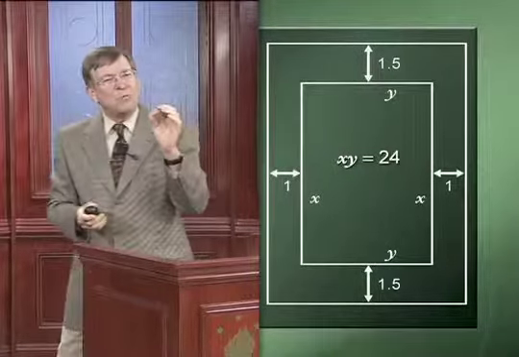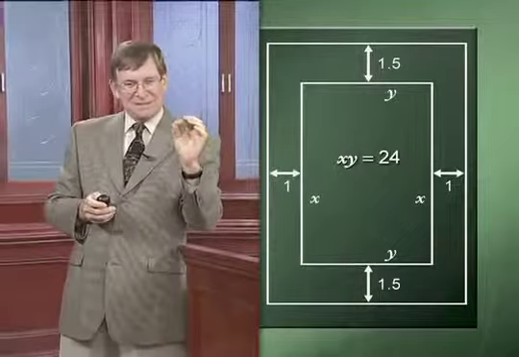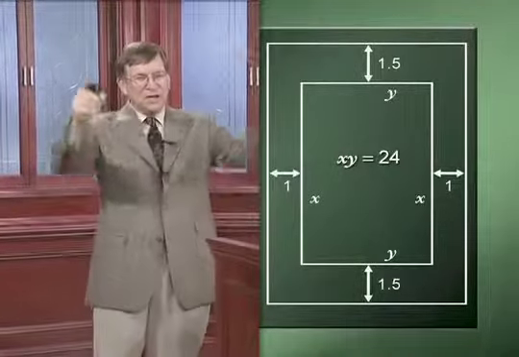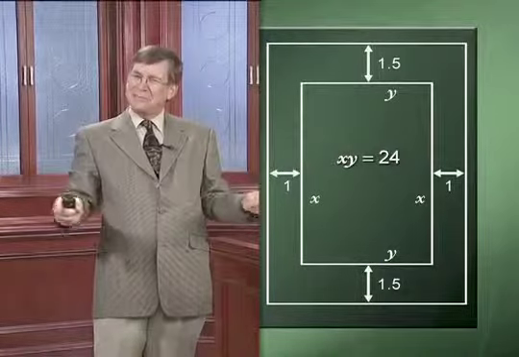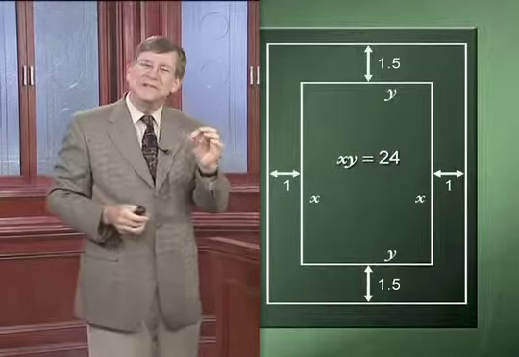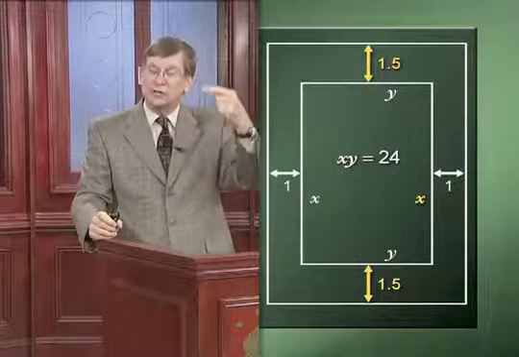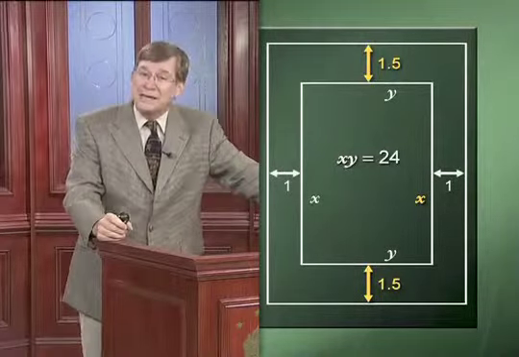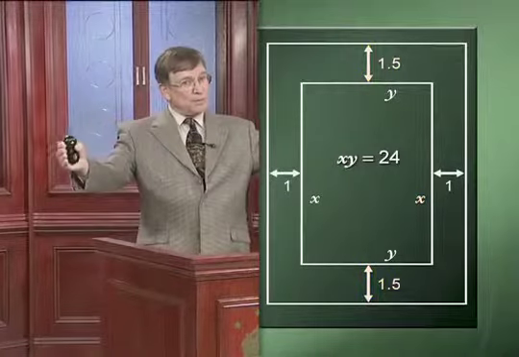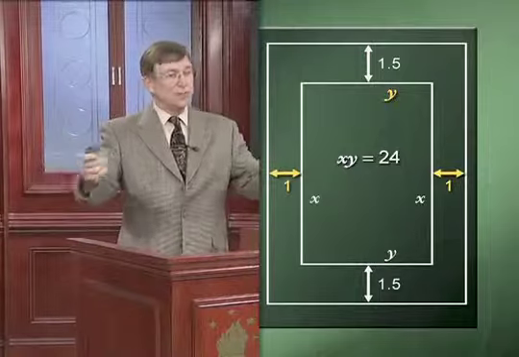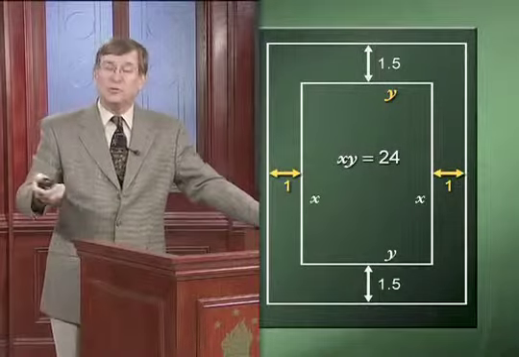So what do I want to minimize? Well, I want to minimize the entire area of the entire piece of paper. How big is that piece of paper? Well, it's X plus its two margins, so it's X plus 3. And what's the width of my piece of paper? It's Y plus its two margins, so it's Y plus 2.